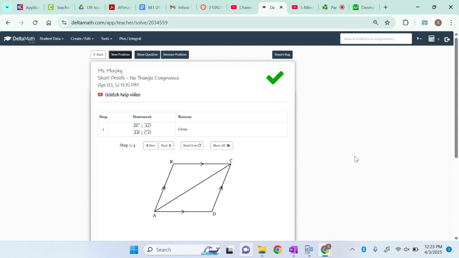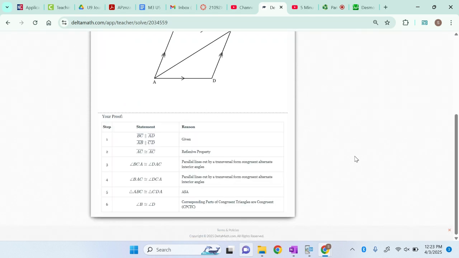Then I would have said that BCDA was a parallelogram because by definition a parallelogram has two sets of parallel sides. And thus, B and D would have been congruent because opposite angles of parallelograms are congruent. That would have been the shorter way, but again, Delta Math wants you to go around your butt to get to your elbow. CPCTC.